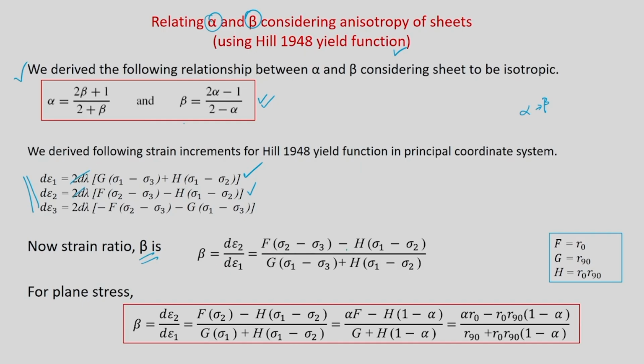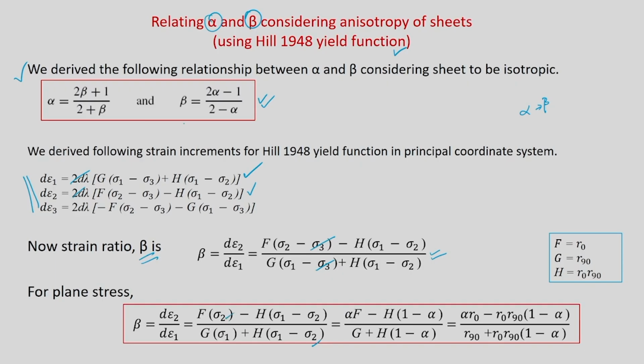So, f into sigma 2 minus sigma 3 minus h into sigma 1 minus sigma 2, divided by g into sigma 1 minus sigma 3 and sigma 1 minus sigma 2. Fair enough. Now, how are we going to write it here? For plane stress, sigma 3 will go off, right? So, f into sigma 2 minus h into this, g into sigma 1 plus h into this. Okay. So, now I am going to divide it by sigma 1 so that I get alpha, right?